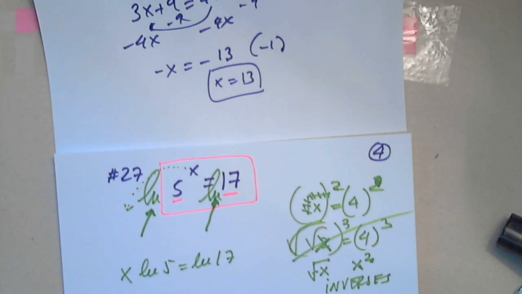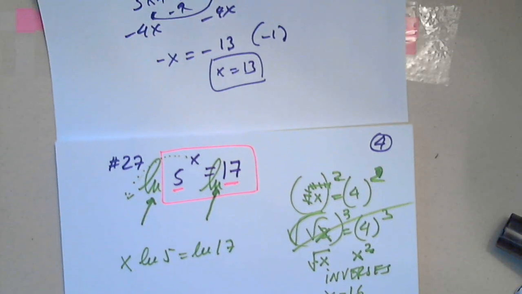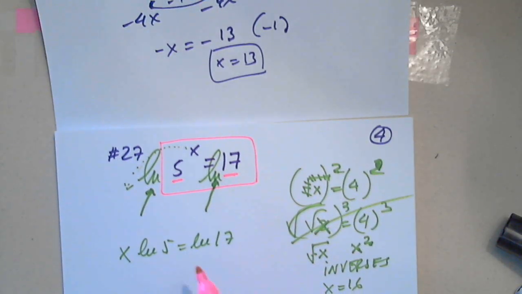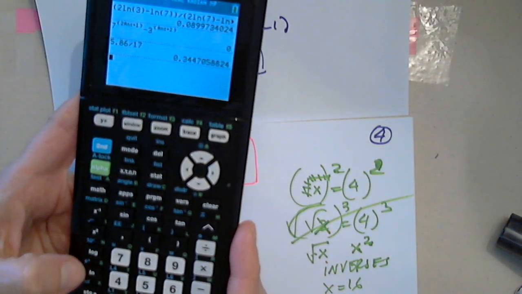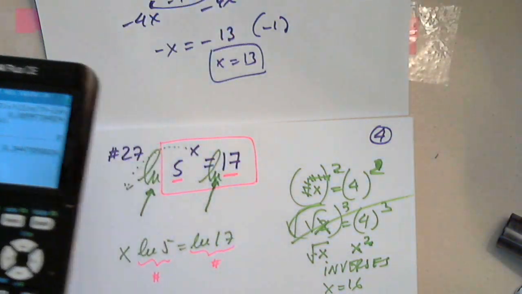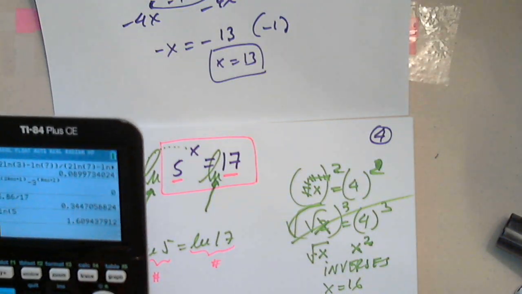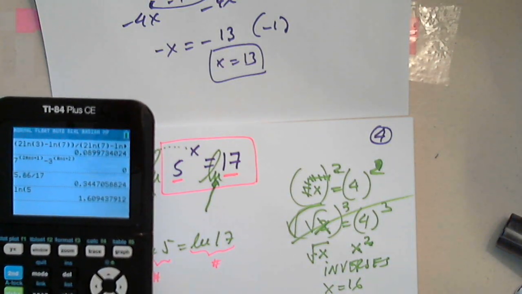I just don't want you to get thrown off by looking at this. This is just a simple number. It looks fancy. It has that natural log in front, but it's just a number. If I plug in natural log of 5, I get 1.61.